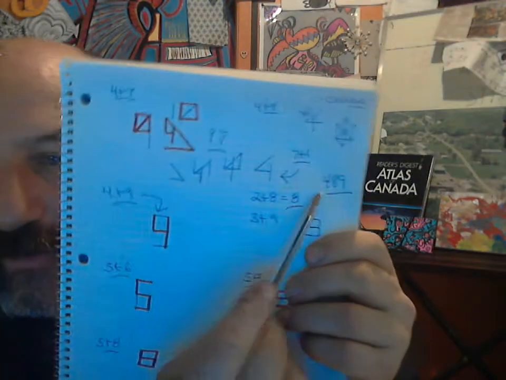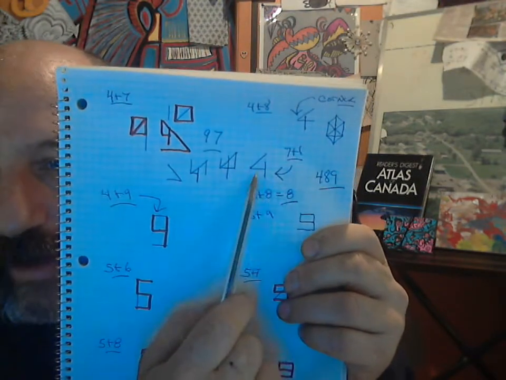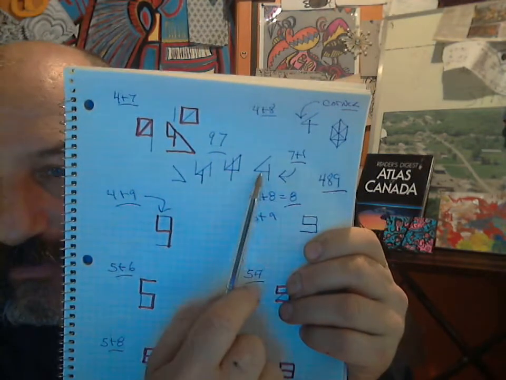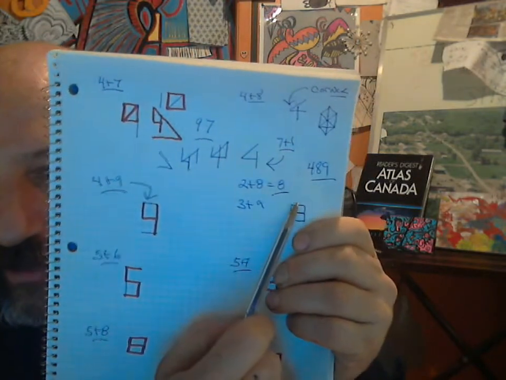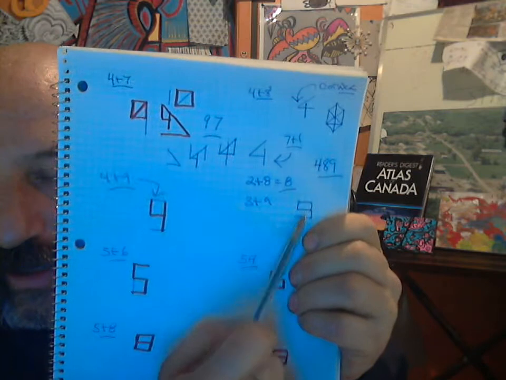And 3 and 9, let me show you, and there's a reason I'm showing you this. 2 and 8 equals 8, and 3 and 9 equals 9. So you get 4, 8, 9. These are your numbers in a row. Why? Because the 1 and 7 over each other will create a 4. When you put 2 over 8, it remains at 8. When you put 3 over 9, here's your 3, and you block your 9, you get 9.